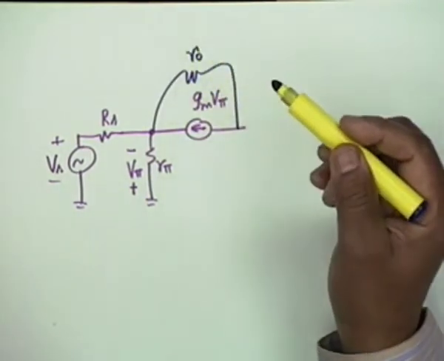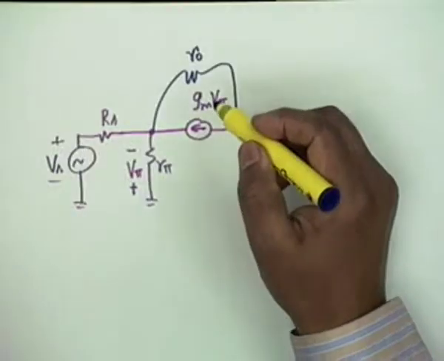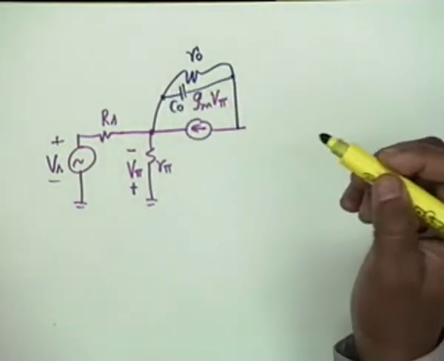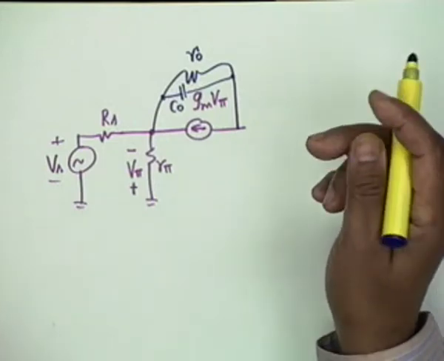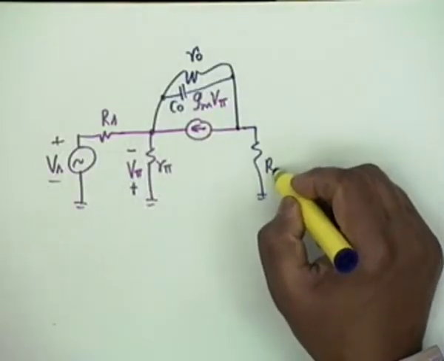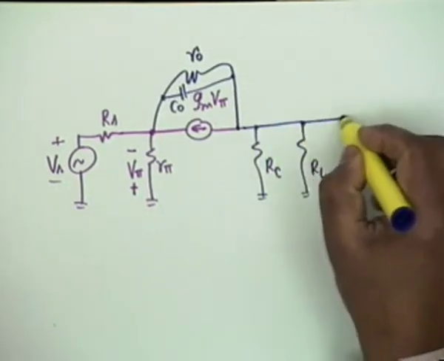Many people have also recognized this C naught, despite my saying that C naught mainly is contributed by stray, and stray should occur at the output, not across gm V pi. Nevertheless, let's grant it that they include a C naught, which is the very small device capacitance. Then this is the collector, and the collector goes to RC. What else? RL, and this is V0.